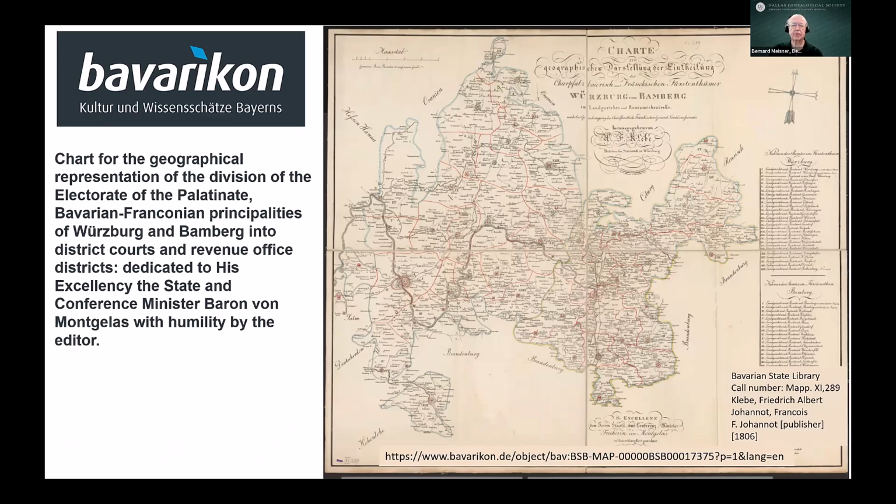The State Library of Bavaria points out here's an old chart from 1806 showing what was then Bavaria. And here's part of Franconia. And I'm highlighting it because my Meisners came from a village called Pusselsheim.